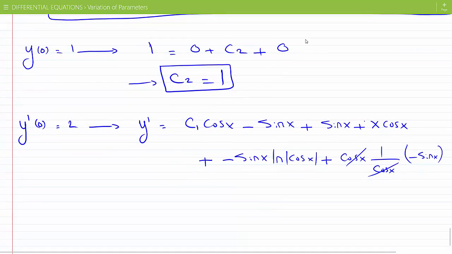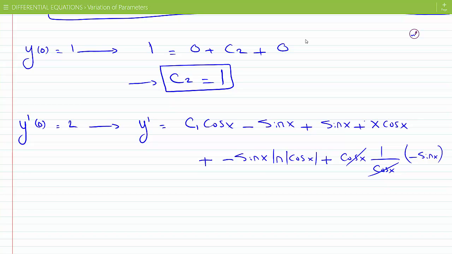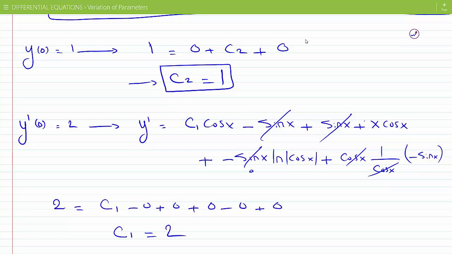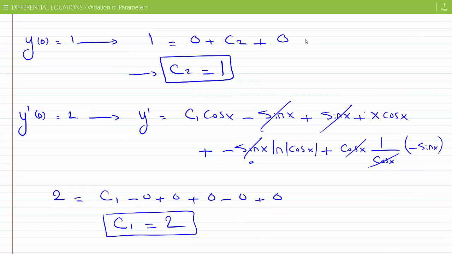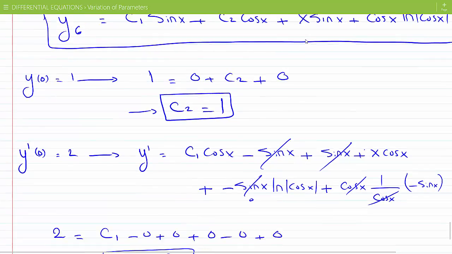So these two go away. Now y prime is 2 when x is 0. So this will be c1 minus 0 plus 0, plus 0 minus 0, because sine 0 is 0. So c1 equals 2. So c1 is 2 and c2 is 1.